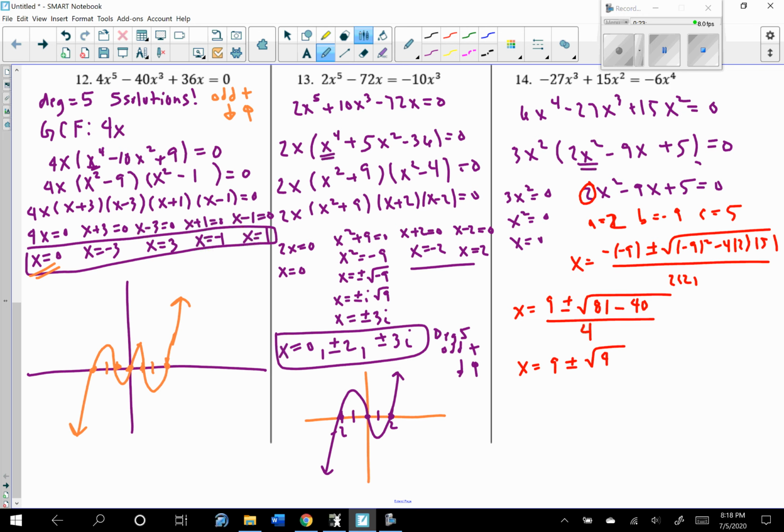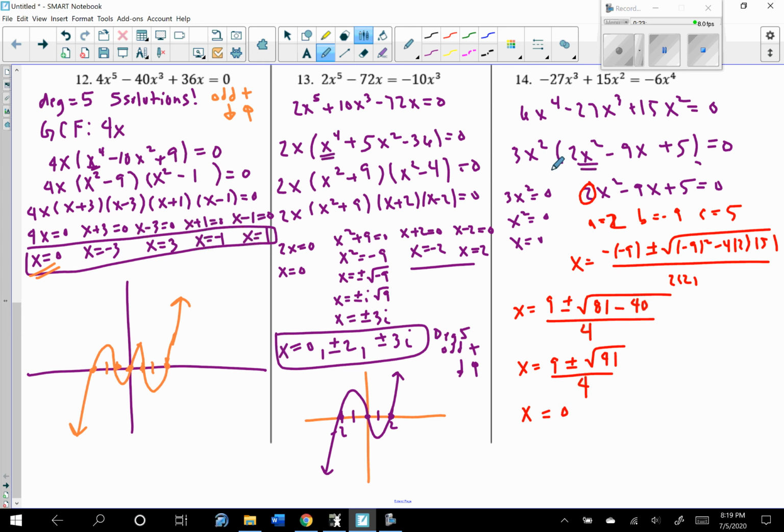So this is 41 over 4. And then the square root of 41 does not simplify, so that means we can't divide out the 4 from either of these terms.